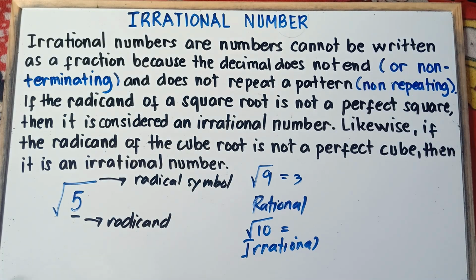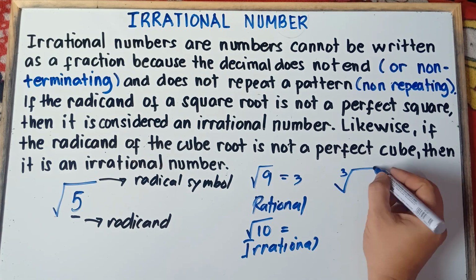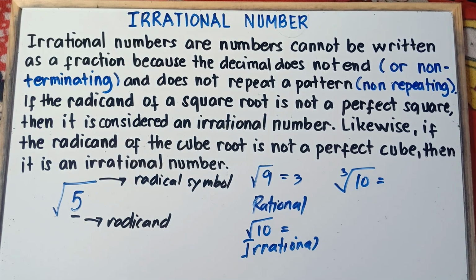Now for the cube root, if the number inside the radicand of the cube root is not a perfect cube, then it is an irrational number. Example, cube root of 10. Do we have a cube root of 10? Nope, because you think of a number that when you multiply it by itself three times, you will get 10.